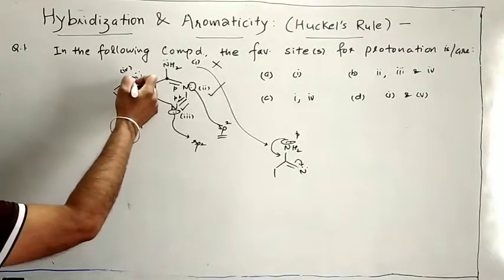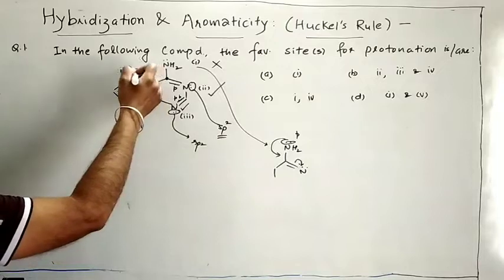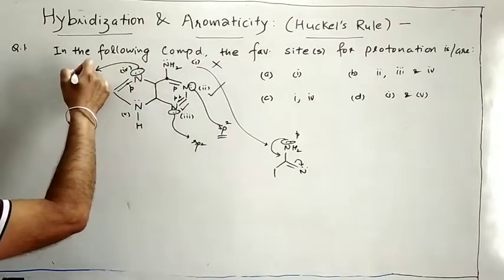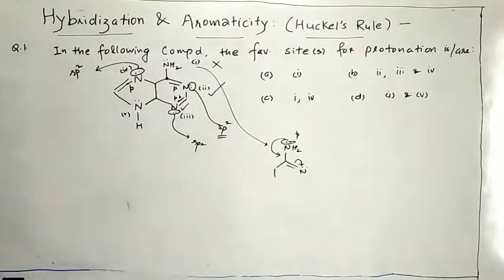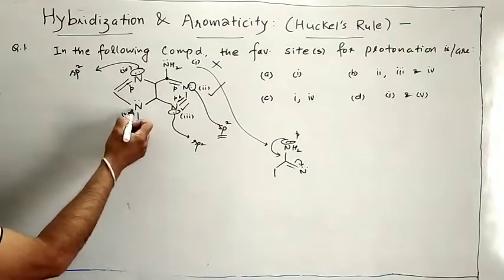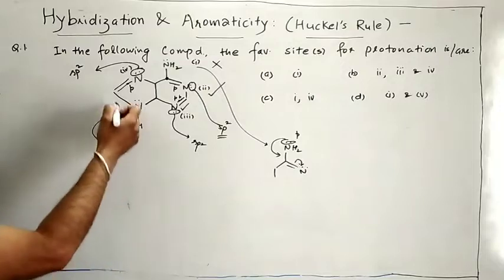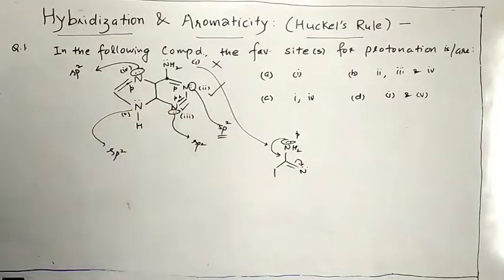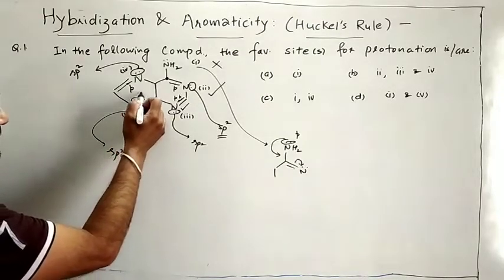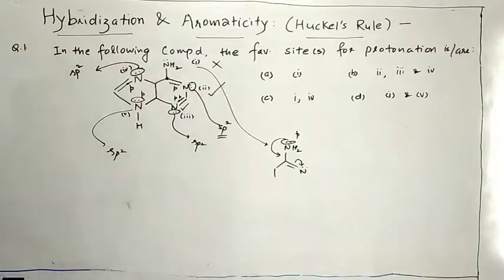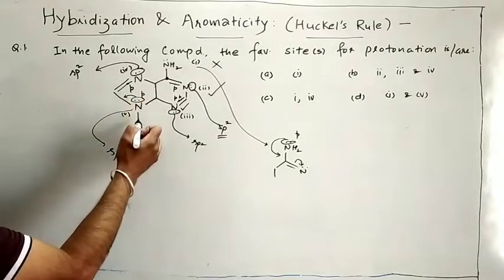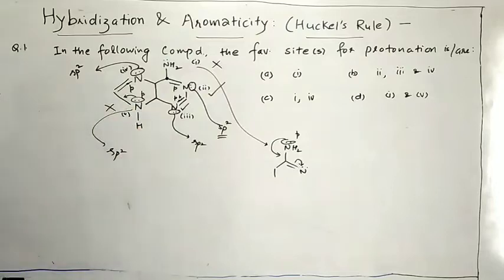Number 4, again this nitrogen uses its p orbital, so this pair of electrons is present in an sp2 hybridized orbital. Number 5, the nitrogen is sp2 hybridized, so it is forming 3 single bonds, meaning it has used its 3 sp2 hybridized orbitals. So this pair of electrons is present in a p orbital. It means it gets involved in resonance, so it will not donate electrons for protonation.